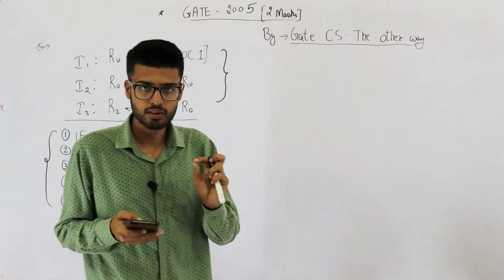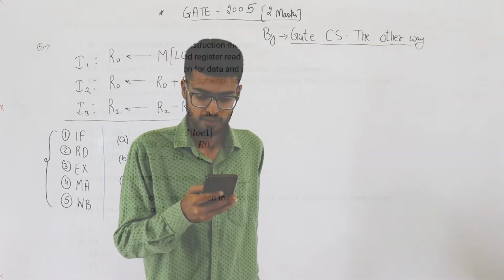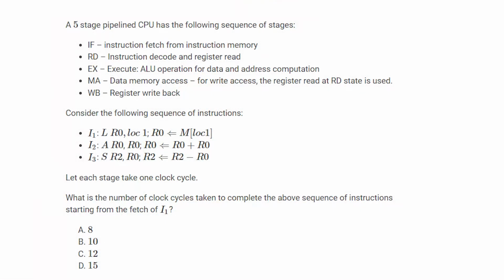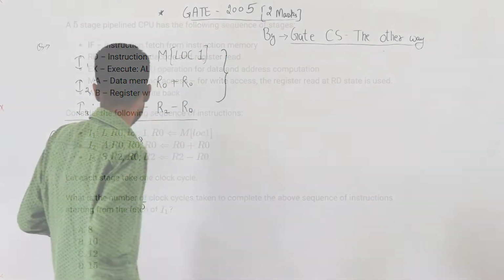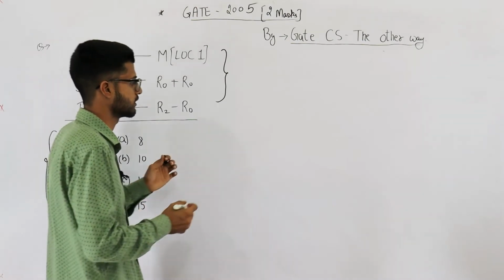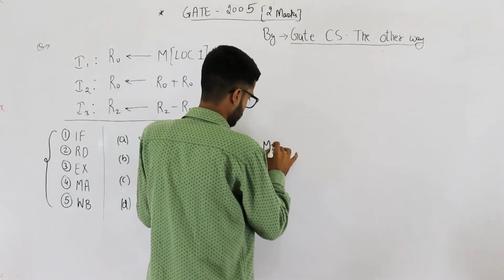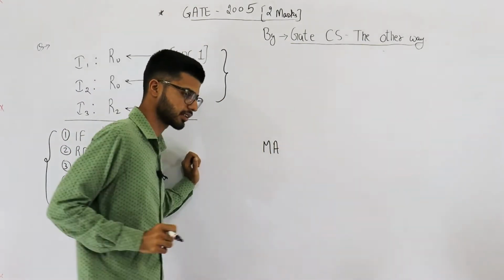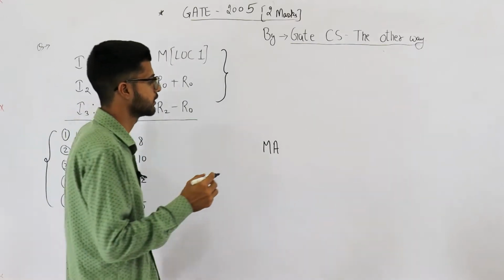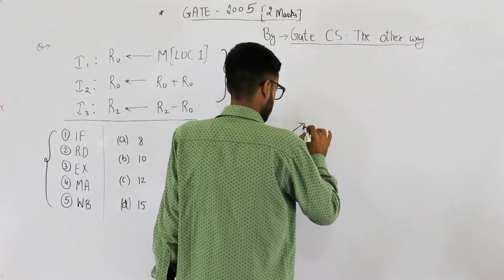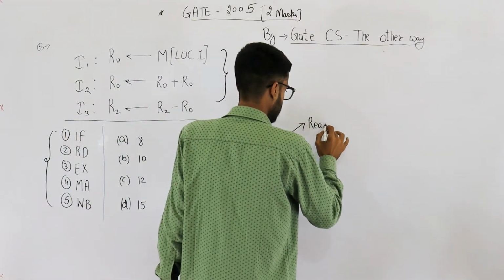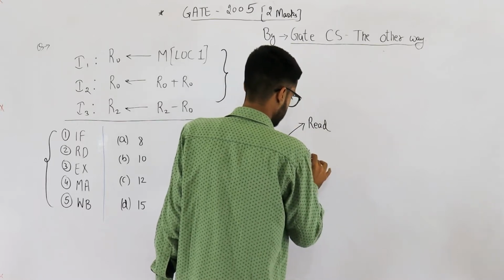And now just have a look at this line. For write accesses, the register read at RD stage is used. For write accesses, that means in this MA phase, this is memory access. You can access memory for 2 purposes, either to read memory or to write.